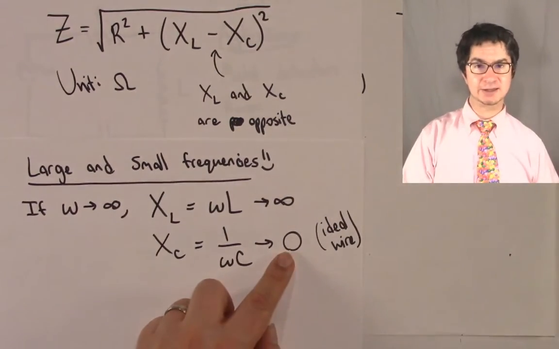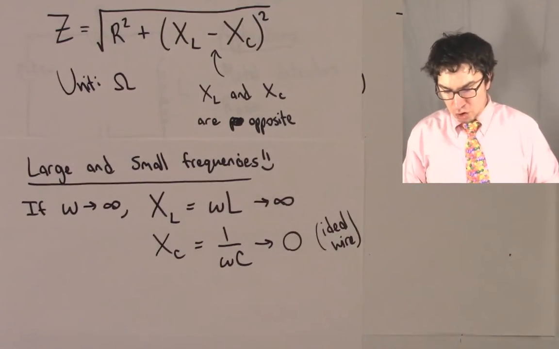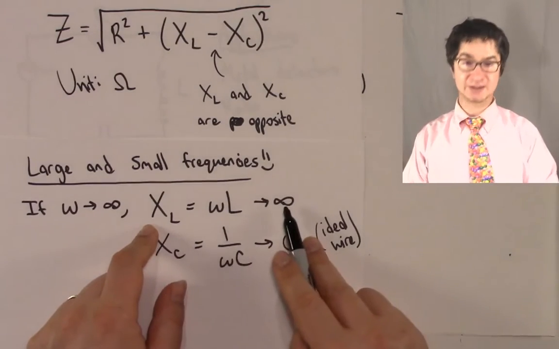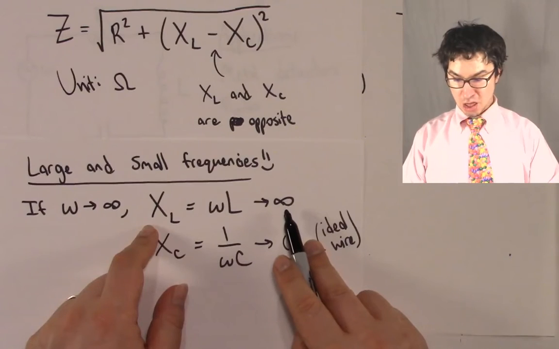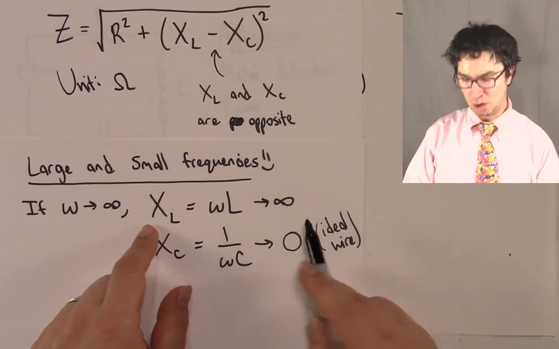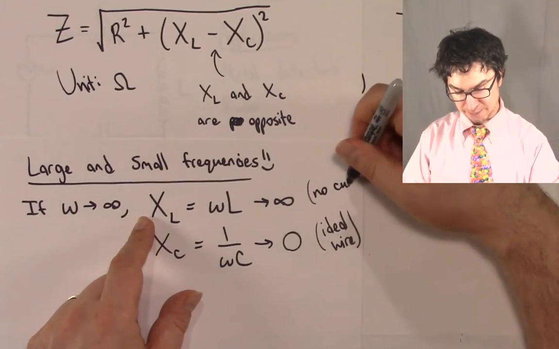If it has no reactance, it's going to behave like it has no opposition at all. It's going to act like an ideal wire. Whereas if the reactance goes to infinity, then it's like you basically don't allow current to flow at all. So there will be no current in that branch of the circuit.